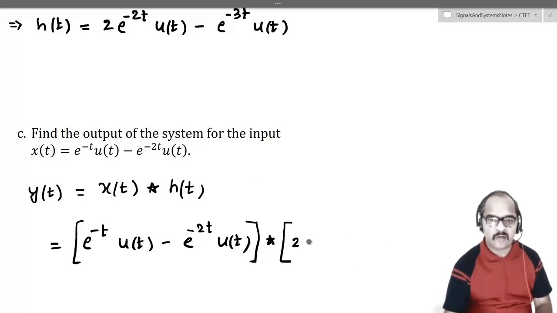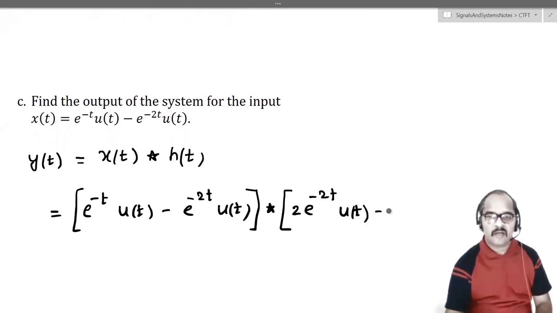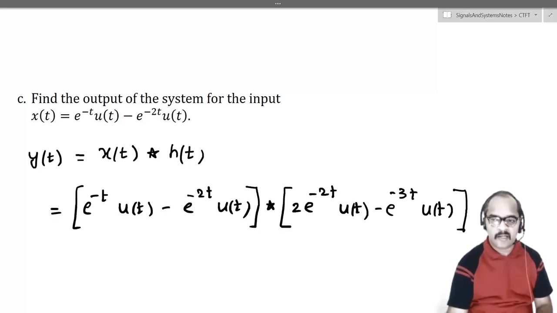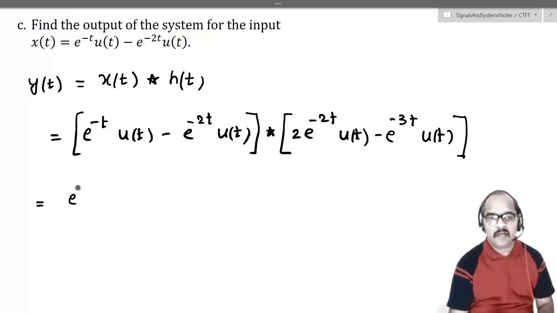So h of t we got to be 2 e power minus 2t u of t minus e power minus 3t u of t. We got the result above. Right, so this we will expand out using what property?